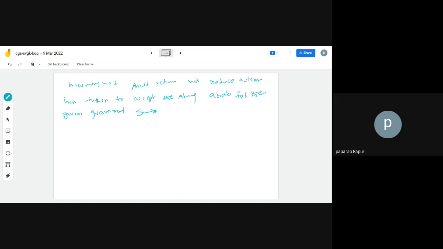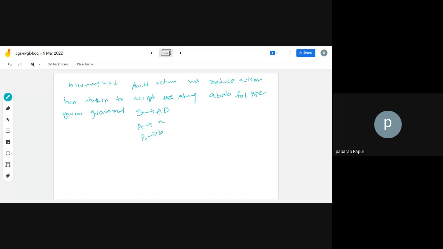S derives AB, S derives A, A derives A, B derives B.